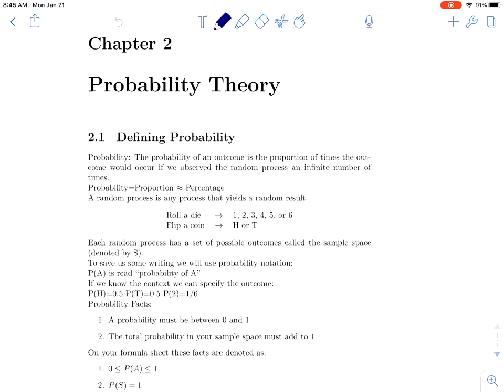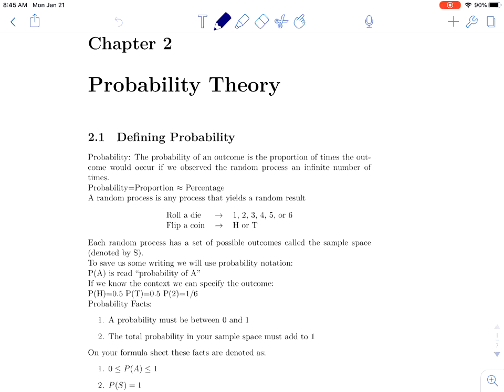Same with rolling an unbiased die, is what we like to say. But I mean, we can just assume that all dice are unbiased, right? So then we have a set of outcomes: 1, 2, 3, 4, 5, 6. And so these are random processes, right? Rolling a die, flipping a coin, and we have this set of outcomes.